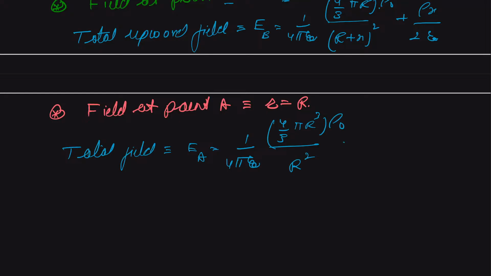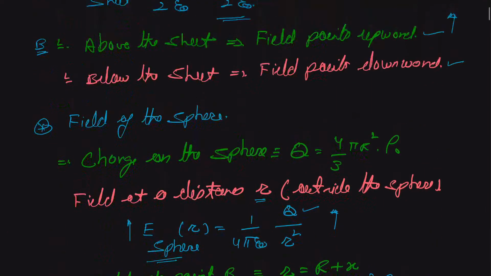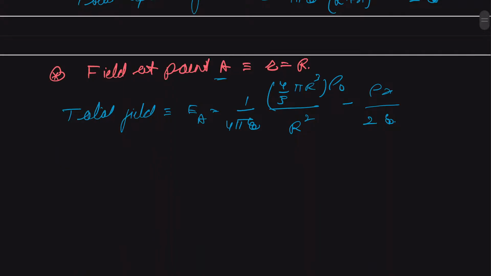And now in this case it will be minus, because the field is in the downward direction. So this comes as rho x upon 2 epsilon naught. Okay, because the field of the sphere is still in the upward direction, and below the sheet, which is nothing but our point A, it is in the downward direction. So therefore we get the field at point A is subtractive.